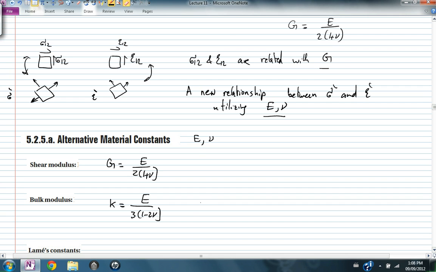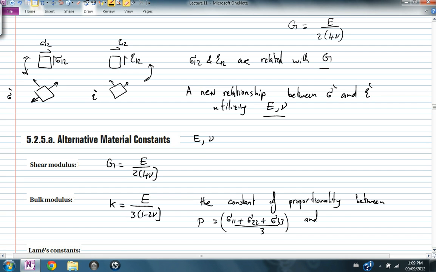And the bulk modulus is the constant of proportionality between sigma 1 plus sigma 2 plus sigma 3 over 3, which, if you remember, is the hydrostatic stress, and epsilon 1 plus epsilon 2 plus epsilon 3, which is, if you remember from the definition of the strain, the volumetric strain.